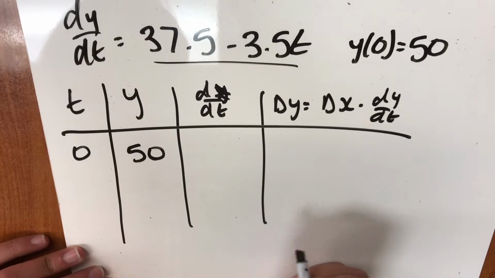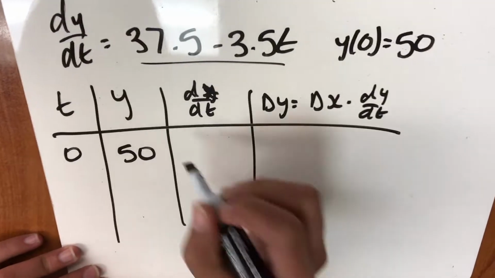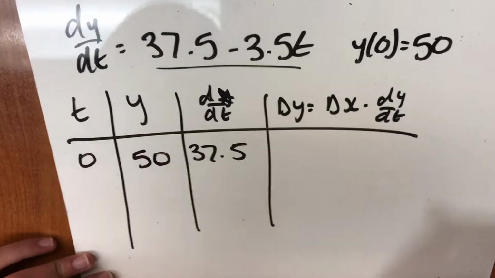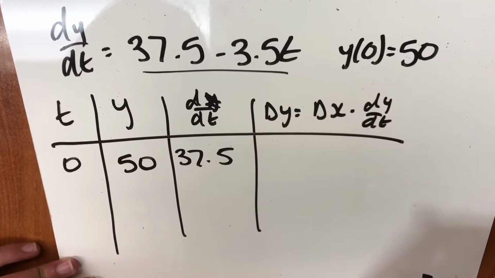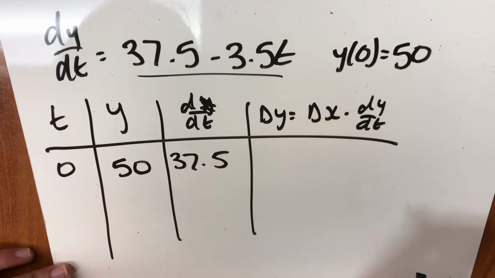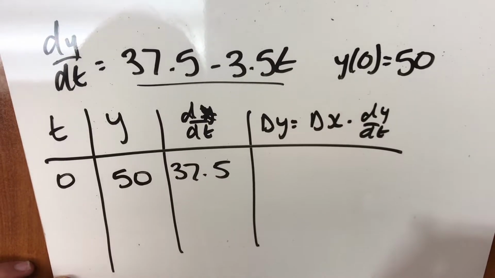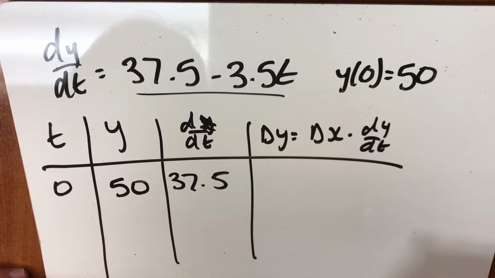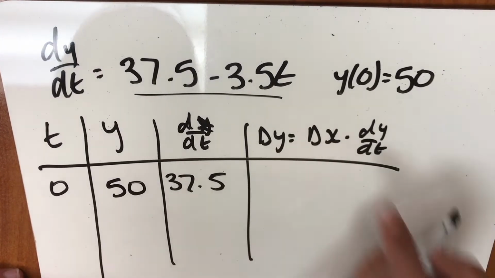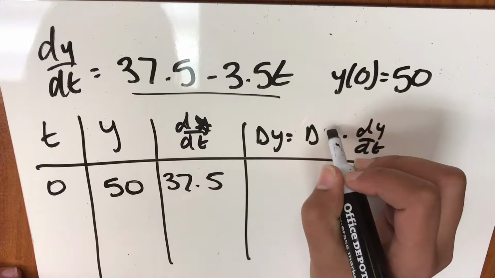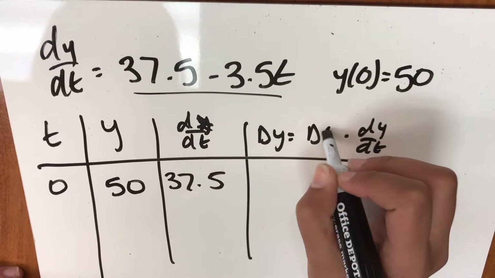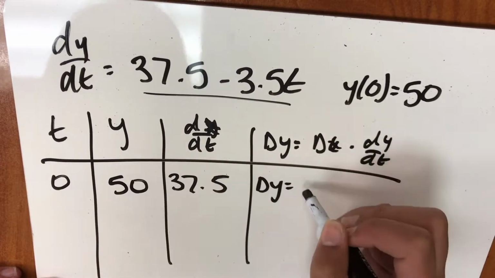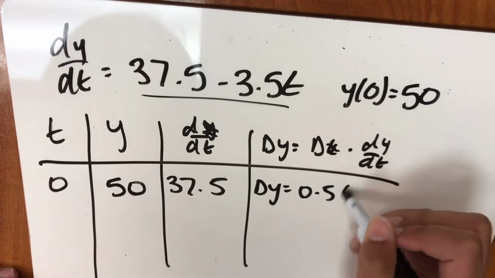So once we plug in the point (0, 50), we find that dy/dt will be 37.5. Now we know that the slope will probably be changing at each point, but since this is an approximation, let's just assume that the slope is fixed until our next t, and then use the assumption to estimate what our next y will be. In other words, change in y will be equal to change in t times dy/dt.